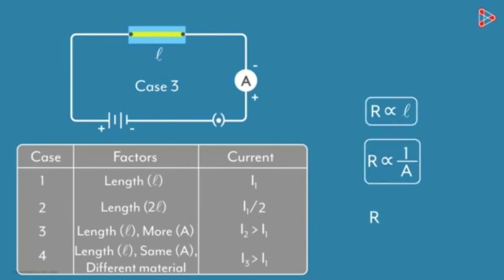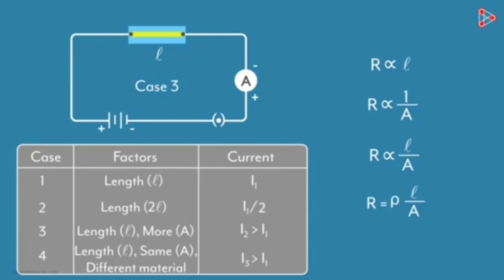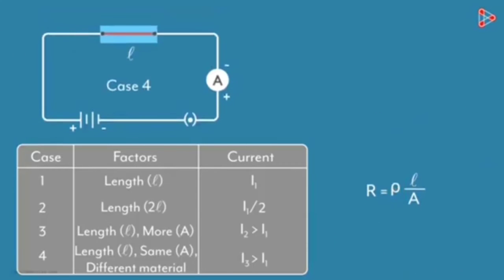So from the first and third cases, the resistance of a conductor is inversely proportional to cross-sectional area. On combining those two, you can write R proportional to L by A, and R equal to rho into L by A, where rho is a proportionality constant named electric resistivity or specific resistance.